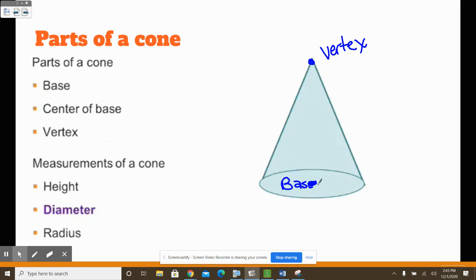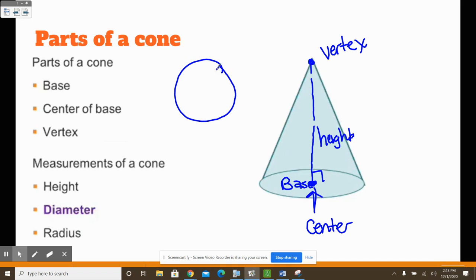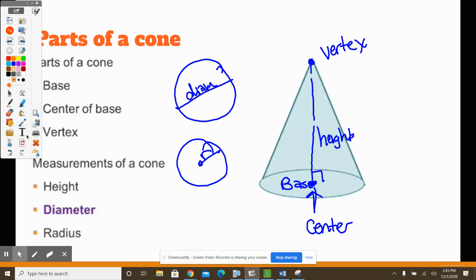So I just kind of scribbled out the center of the base. That is the center. And then you have the height, which we said just goes right down the middle. It makes a right angle at the bottom there. Diameter and radius, we know from the circles, right? Diameter goes all the way across, and the radius is just halfway. So those are all the parts that we need to know.